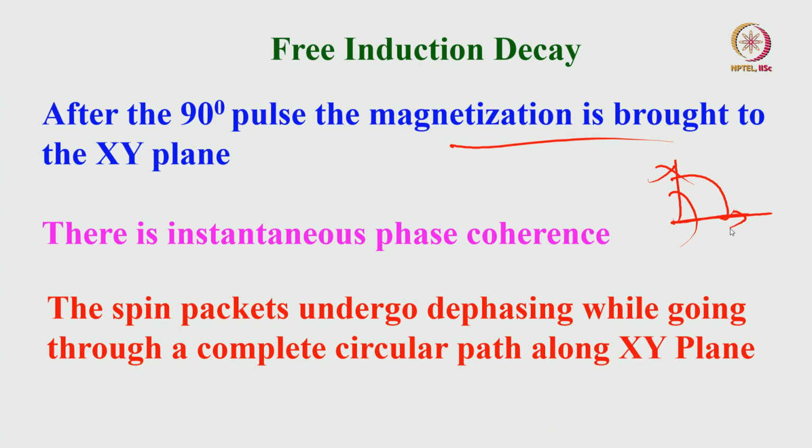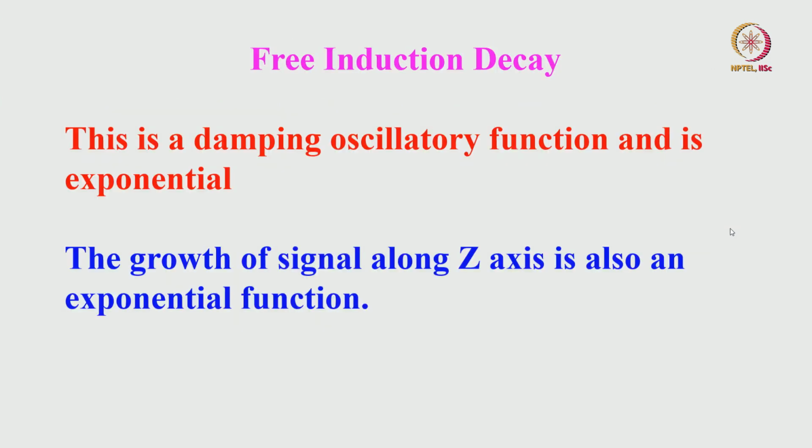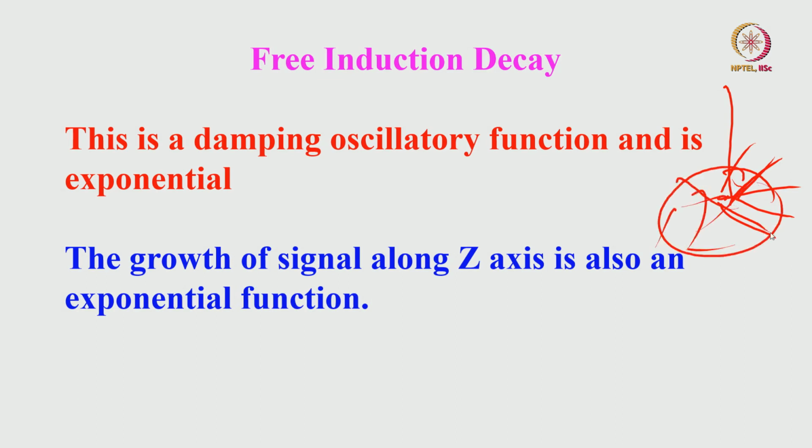This phase coherence is not maintained for a long time. The spins start undergoing dephasing. They were brought here, then different nuclear vectors start moving like this. They will completely get dephased in the xy plane. After that, because it is a perturbed system, perturbed from equilibrium, it has to go back to equilibrium.